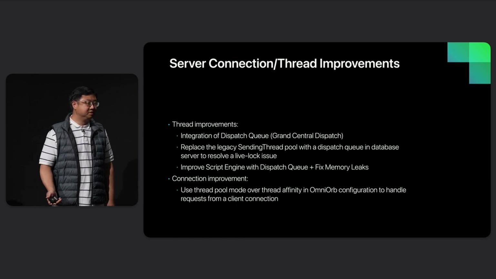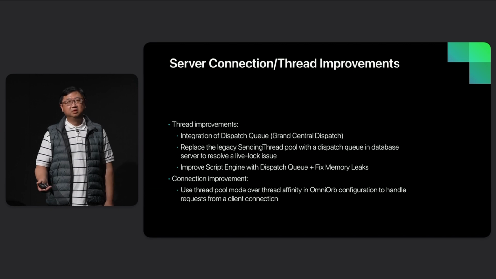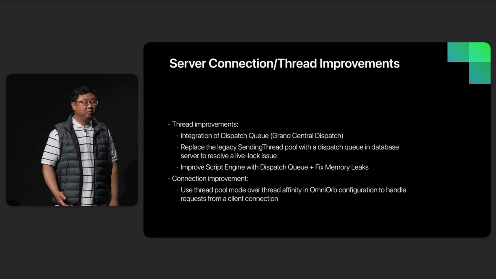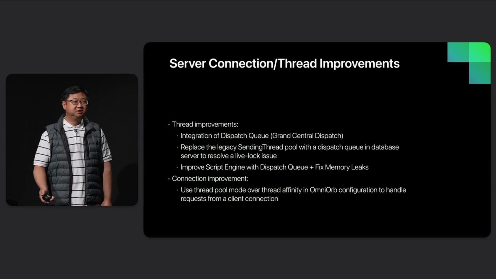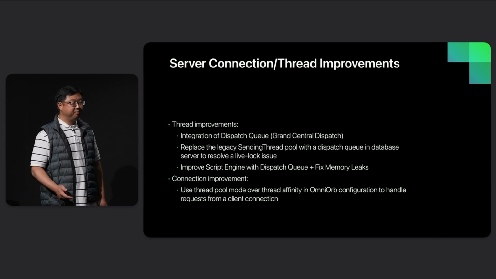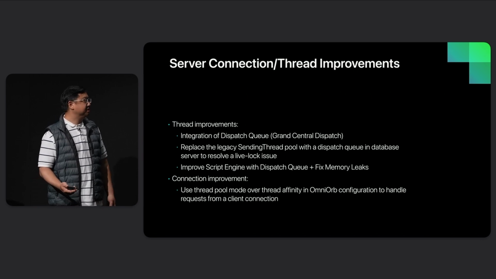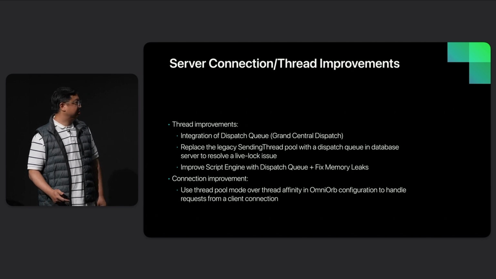It is open sourced, so it has been ported to Linux as well. In addition, we implement a wrapper in order to support it on Windows by leveraging Microsoft's native thread pool. So this is all about the dispatch queue.